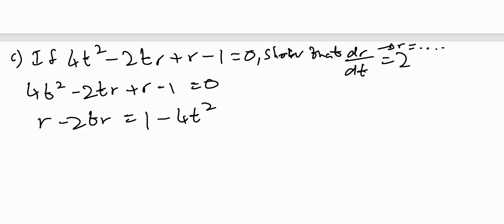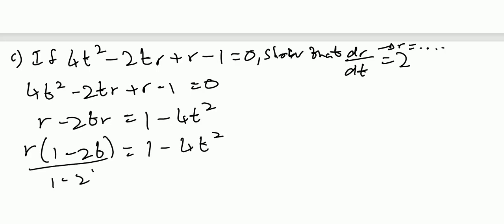That means on our left hand side we left minus 2tr and r. Then we transposed everything that does not contain the variable r to the right hand side, so that we can take out a common factor of r. We have r times 1 minus 2t is equal to 1 minus 4t squared. Then we divide by 1 minus 2t, 1 minus 2t.